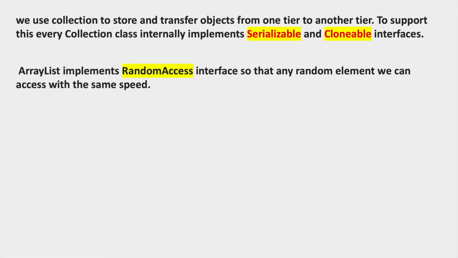ArrayList implements the RandomAccess interface so that any random element we can access with the same speed. In collections, the ArrayList and Vector classes are implementing this RandomAccess.